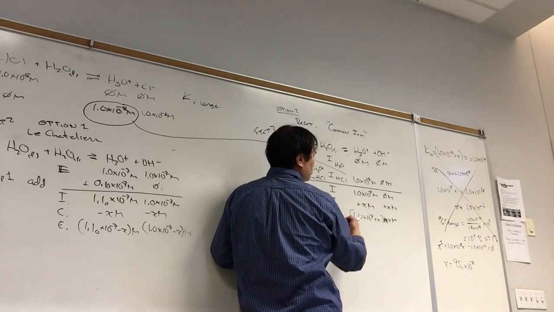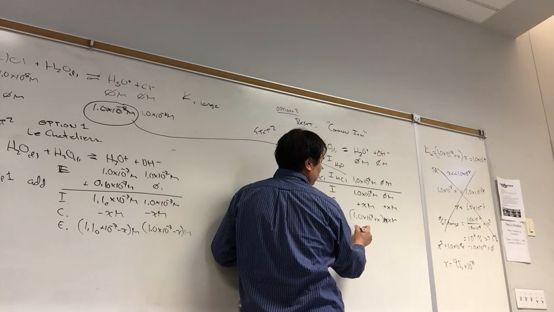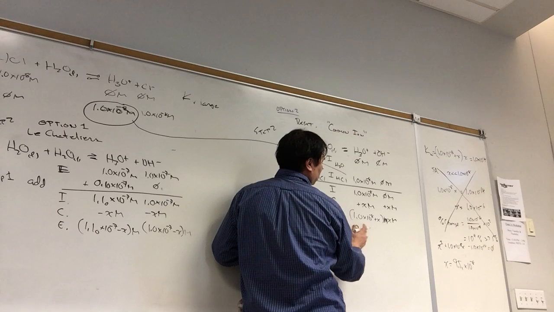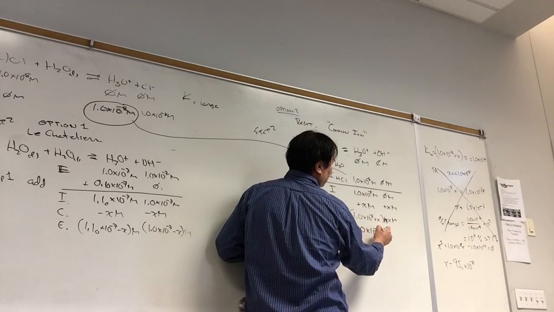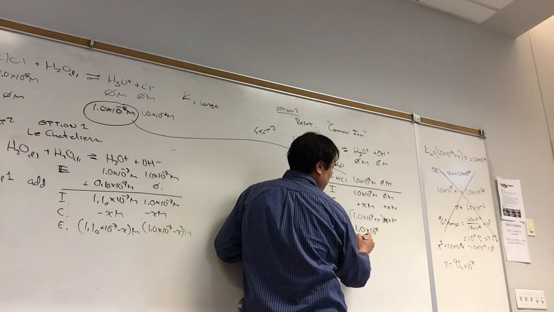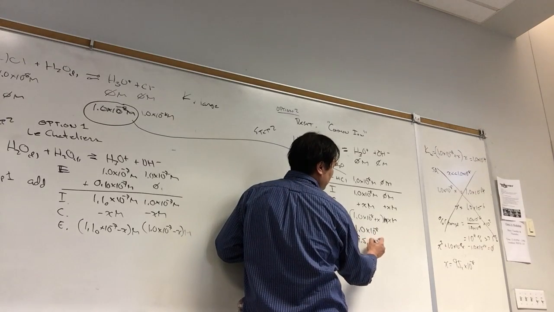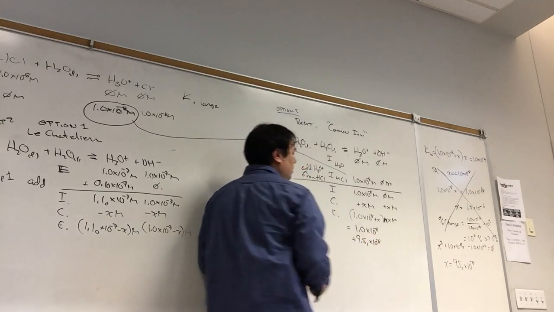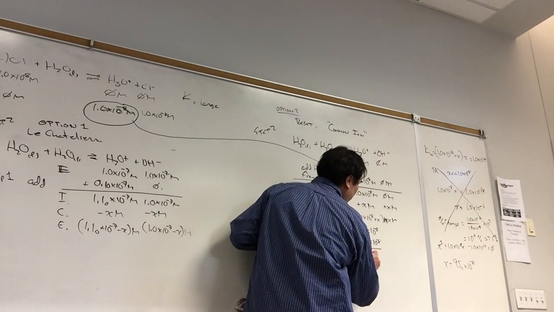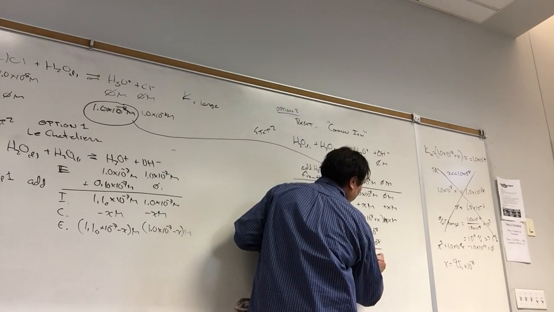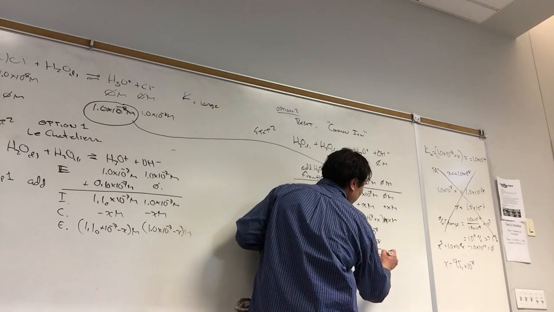All right, so what we're going to get here is this. The hydronium ion concentration at equilibrium is going to be 1.0 times 10 to the minus 8 plus x. X is 9.51 times 10 to the minus 8. So take a look at this. This is going to give us 10.51 times 10 to the minus 8 molar.